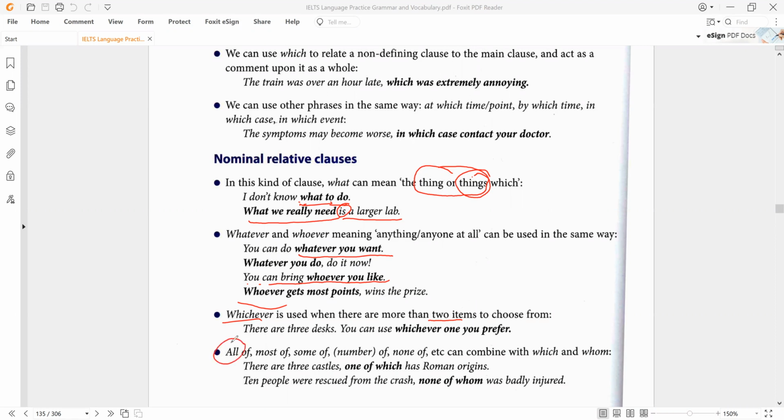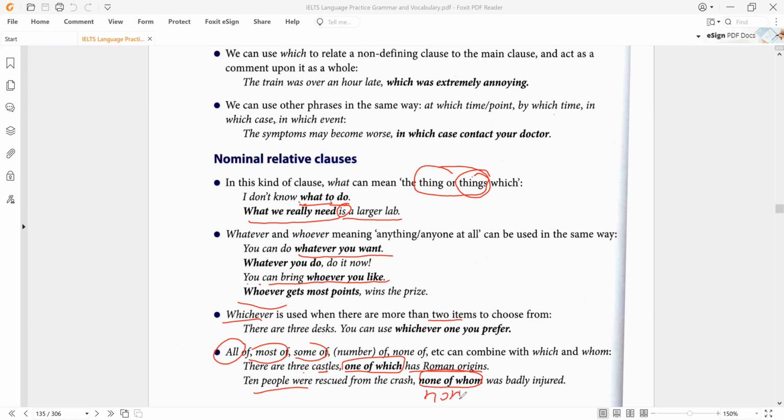All of, most of, some of، هذه تتكلم عن parts of the شيء. مثلا there are 3 castles, one of which has Roman origins. يعني one of them. 10 people were rescued from the crash, none of whom was badly injured. ممكن none of whom، هذه ممكن نختصرها بكلمة none فقط. None was badly injured.